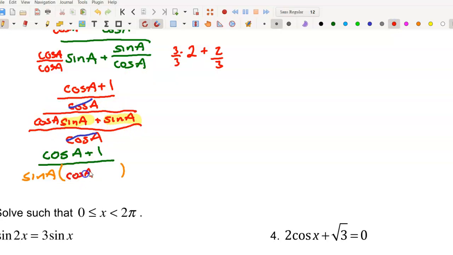So cosine of A plus 1. As long as this distributes back to the step above: sine times cosine is cosine sine, sine times 1 is sine. We're okay. And now we have the same factor on the top and bottom, cosine A plus 1, so those cancel, equal 1. So we have 1 over sine of A, which equals our goal, which is cosecant.